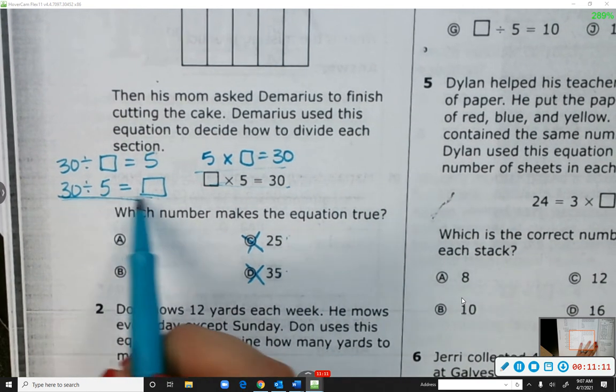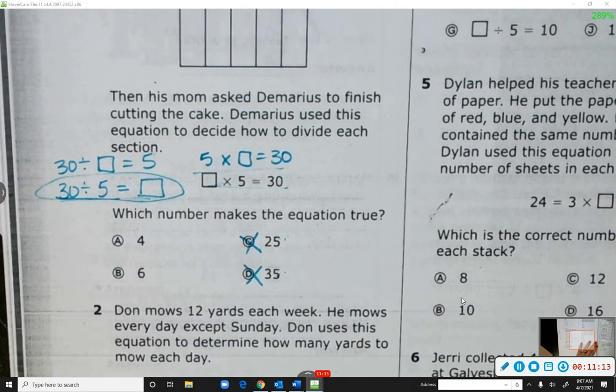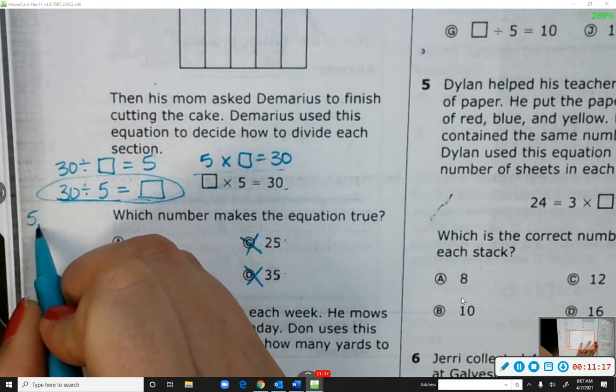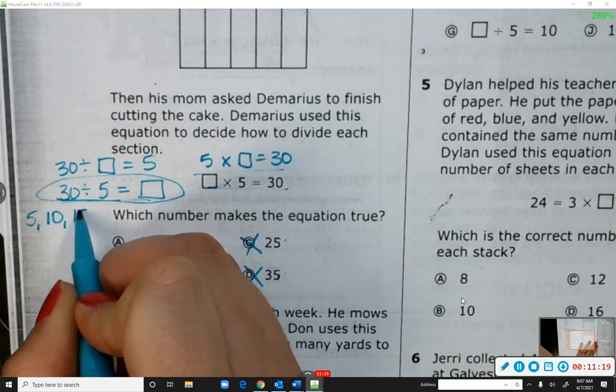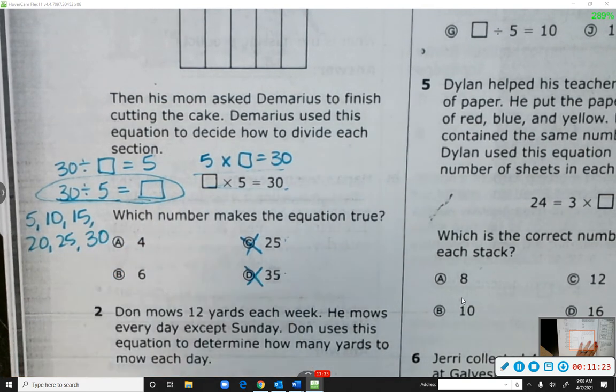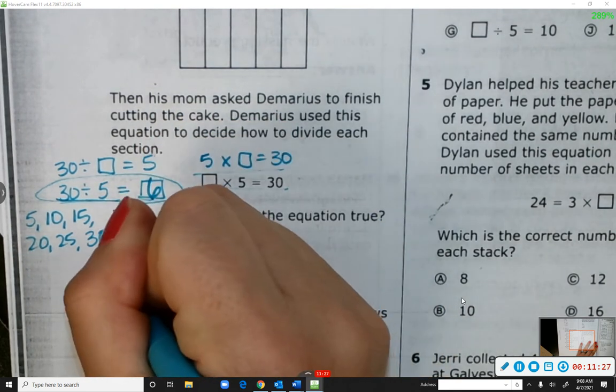This one? Yes, so I can actually do 30 divided by 5 by skip counting, right? 5, 10, 15, 20, 25, 30. How many times did I skip by 5? 6. So 6 would be your answer.